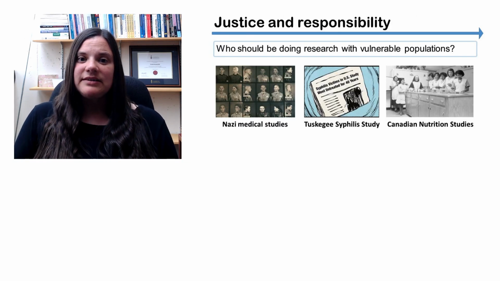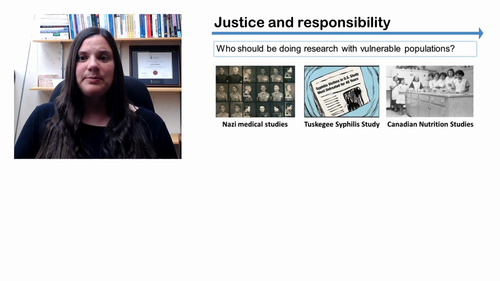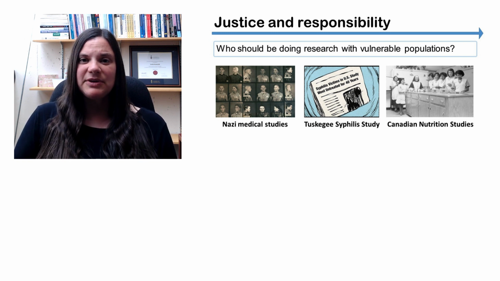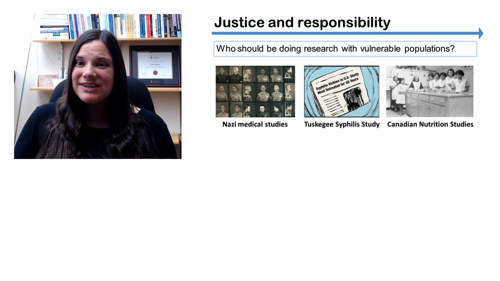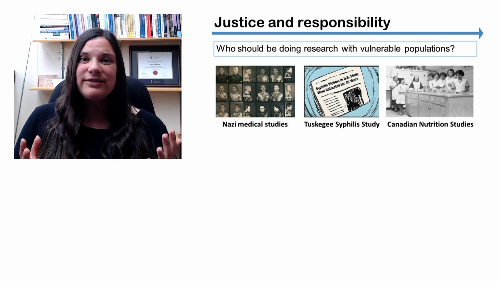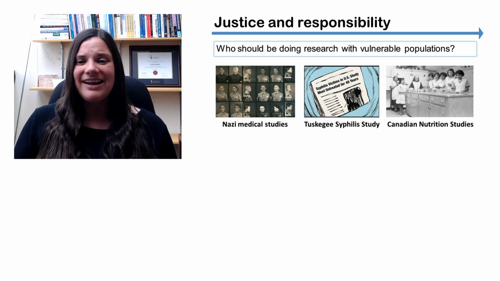These vulnerabilities not only raise important questions about respect, they also raise important questions about justice and responsibility. Who should be doing research on vulnerable populations? And how should the potential power dynamics between researchers, who are often in positions of power, and research participants, who may lack this power, best be addressed?